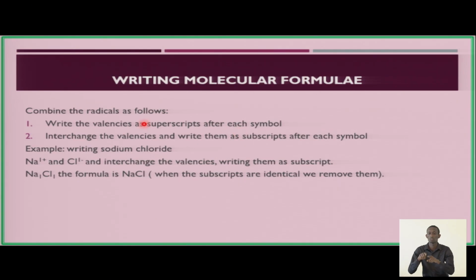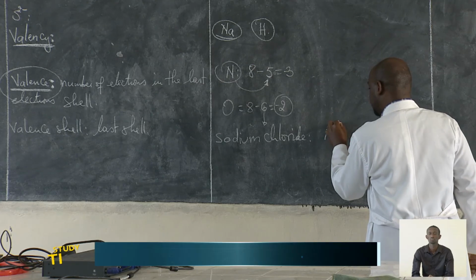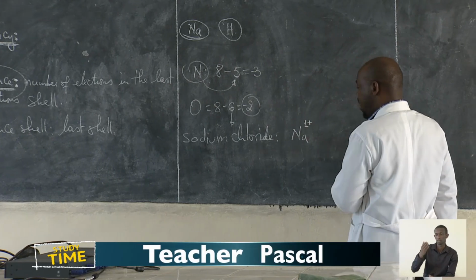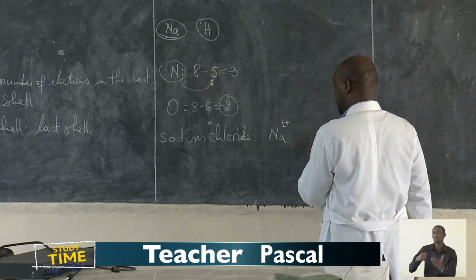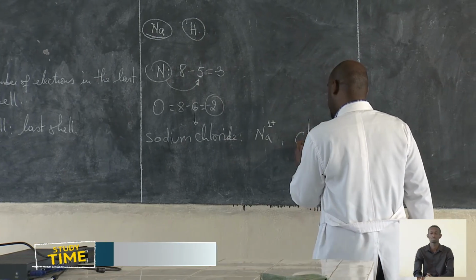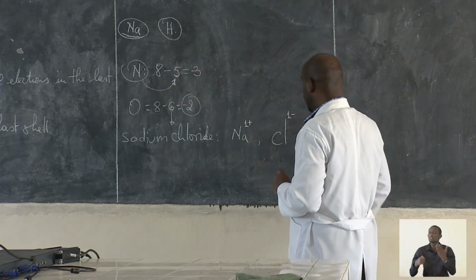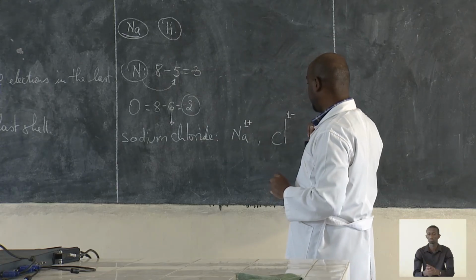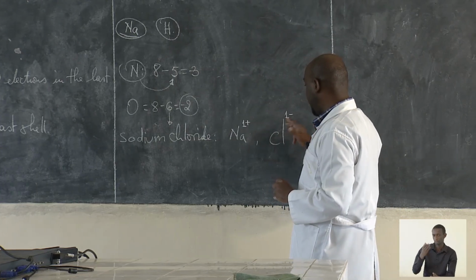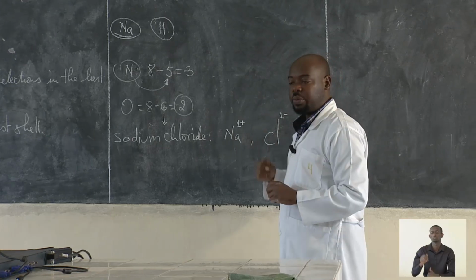The symbol we have here is sodium with a valence of 1, and we write it as a superscript. We also have the chloride ion, which has 1 negative as its valency, and we'll also write it as a superscript.